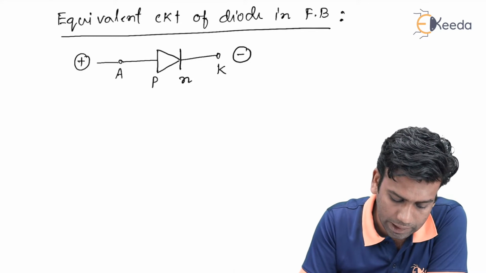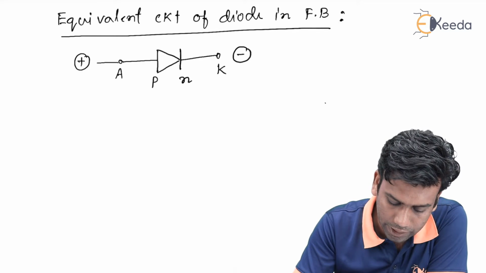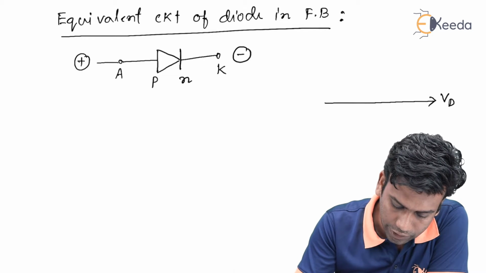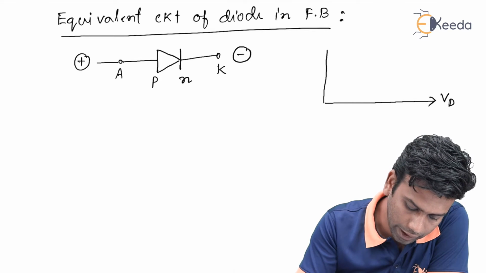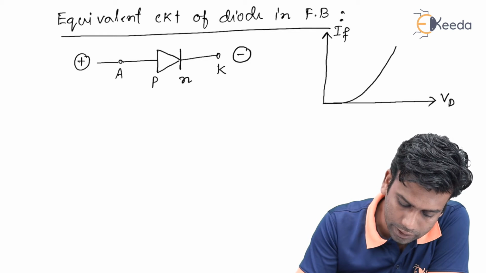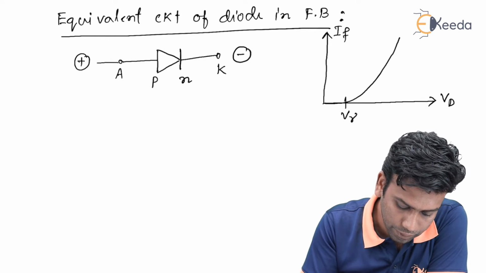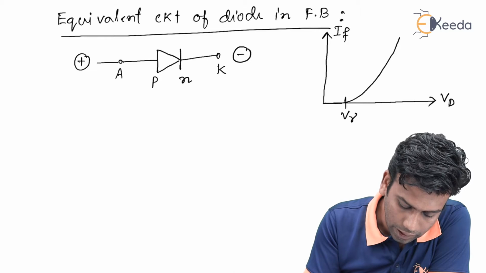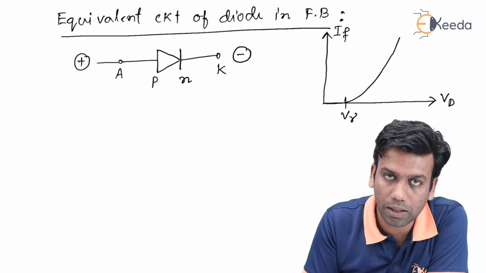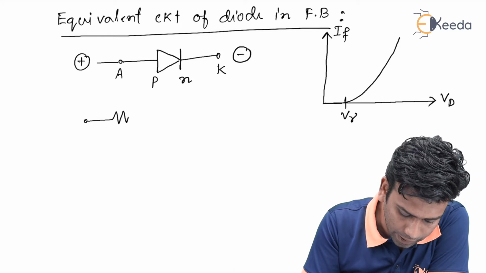As we know, in the forward bias of the diode, the characteristic looks like this. Vd is the voltage across the diode and If is the current flowing through the diode. The diode characteristic looks like this, where this is the cut-in voltage. Every PN junction diode in forward bias will have some forward resistance, so let us denote it by Rf.